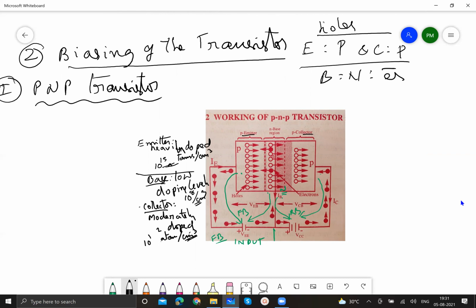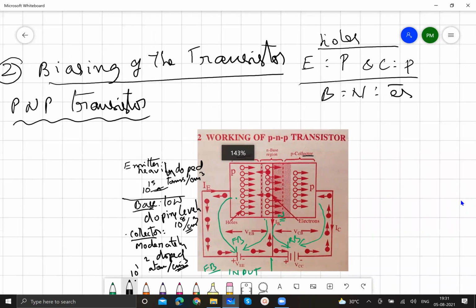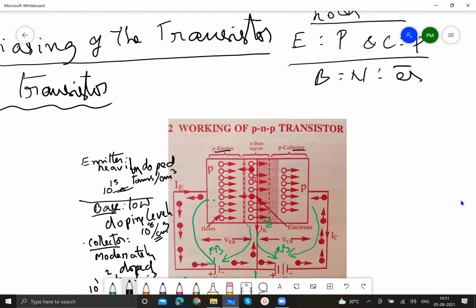Because of the forward bias voltage applied across the emitter-base junction, electrons will start moving into the emitter while holes start moving towards the base. They start moving in opposite directions.